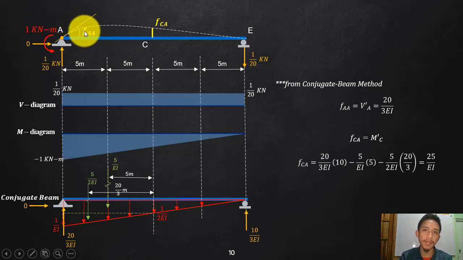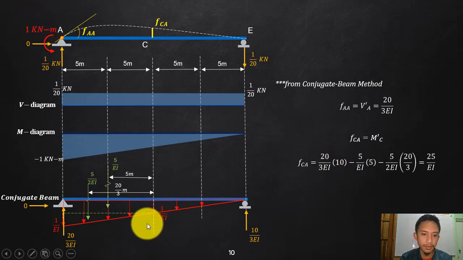That is a unit moment. Okay. So that is my unit rotation, the shear at that point A. And then of course, I will find the deflection at point C, which is again due to the unit moment.